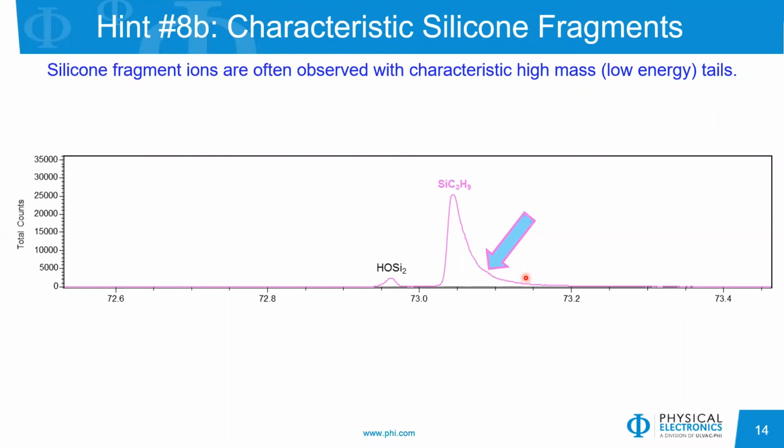It is due to the fact that the larger ions will fall apart in the field-free region of the mass spectrometer. And those have a lower kinetic energy than the ion that shows up at the correct mass to charge ratio. So some of those, the post-source decay, will give this tail to the high mass side. So that's a very common observation.